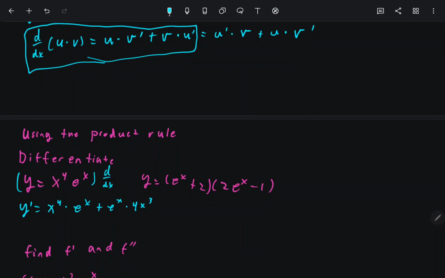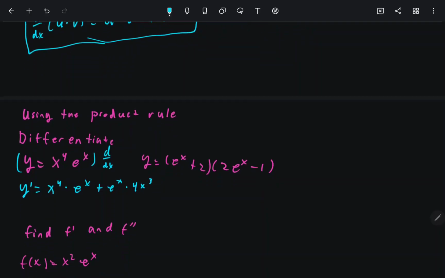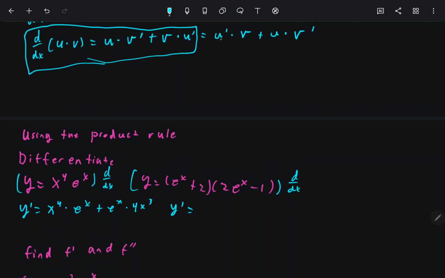The next problem is y is equal to e to the power of x plus 2 and 2 e to the x minus 1. Well, these are just functions here, so we're going to once again apply the product rule. So we're going to take the derivative with respect to x. We get y prime is equal to, well, I'm going to now use my second definition of the derivative.